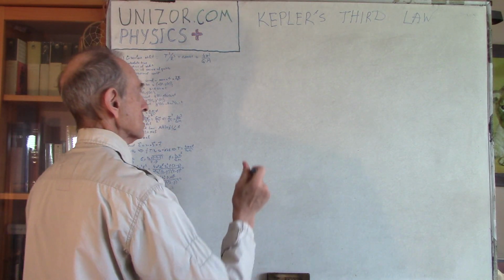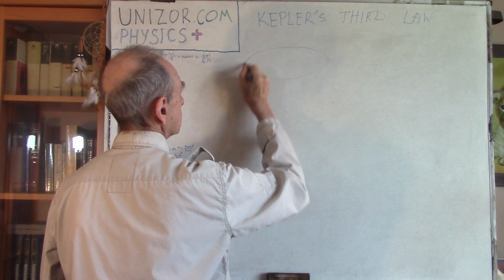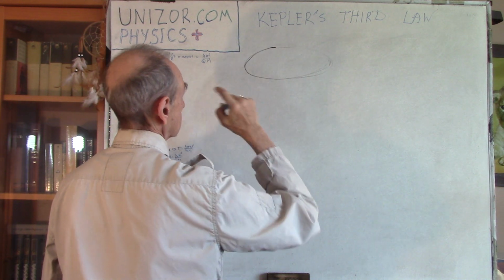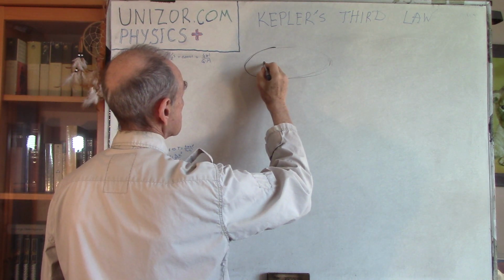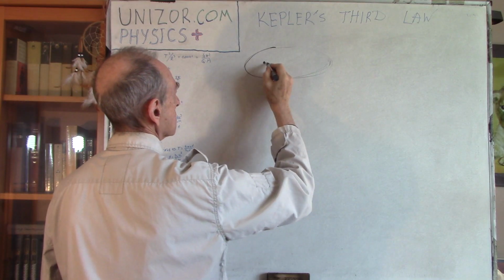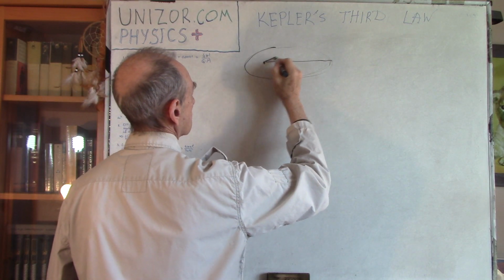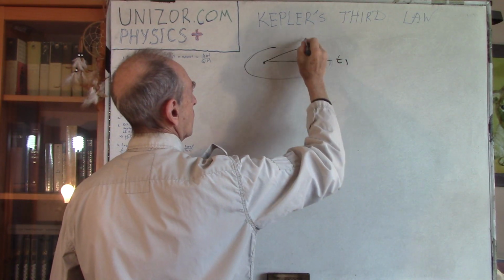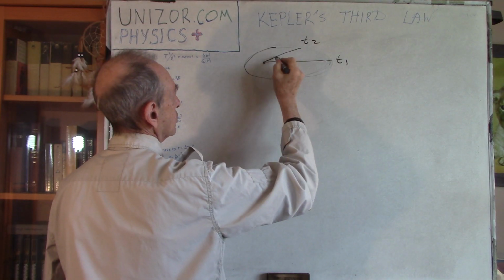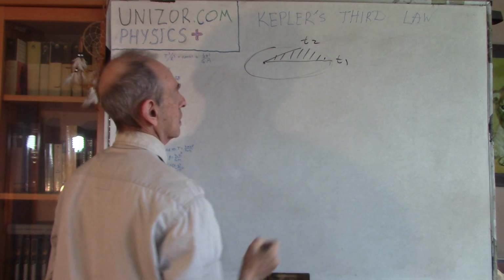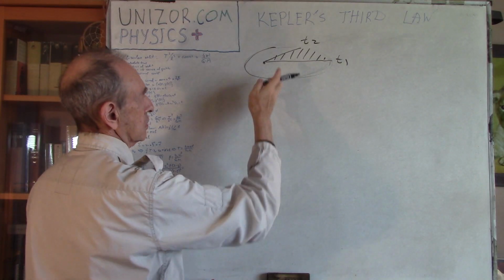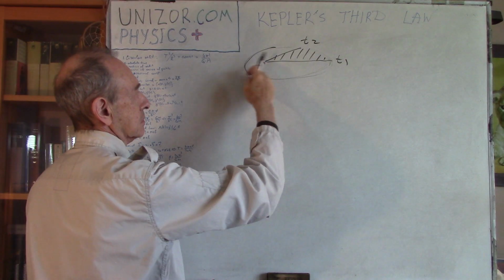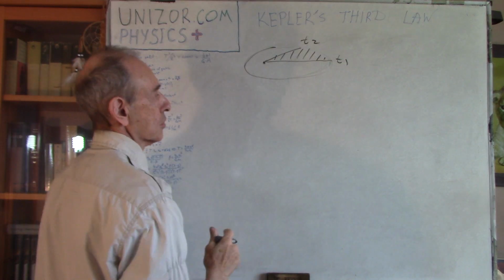Now, the second Kepler's law tells me that if this is the ellipse of rotation, and this is the sun, which is one of the focal points, and you take two positions, one at T1 and another at T2, then there is the area which the radius vector from the sun to the planet swept as part of this orbit.